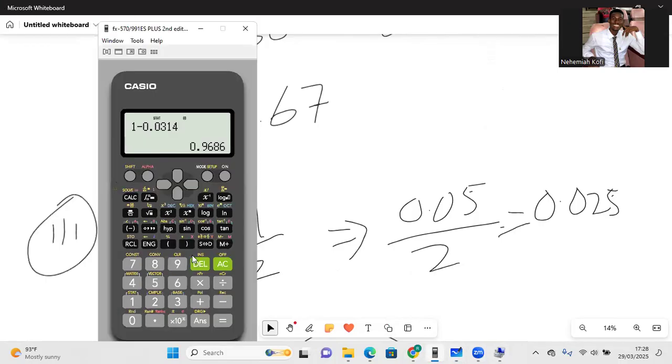So let's continue. So shift, because we've done some already, shift 1, 5, 1, and it was 2.67. 0.9962.